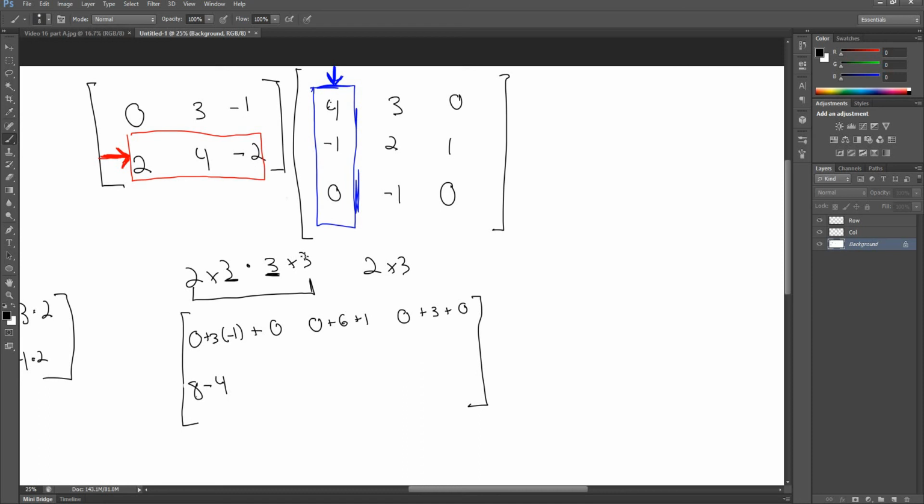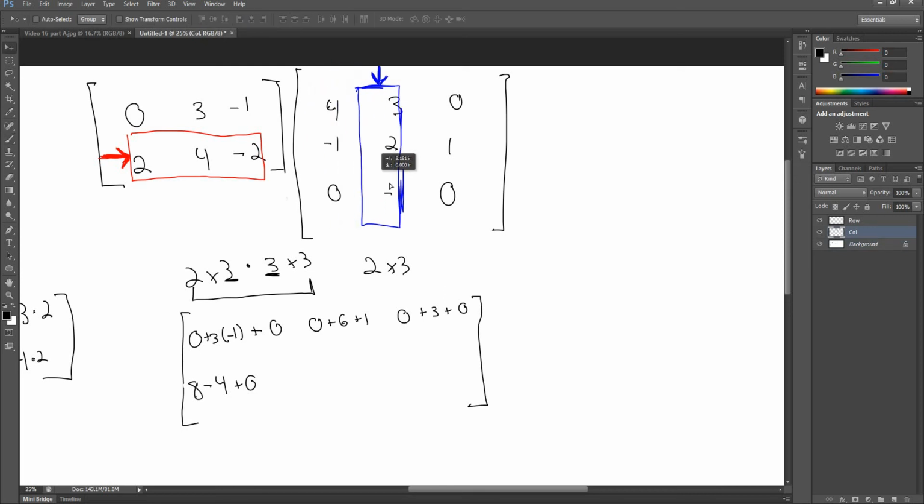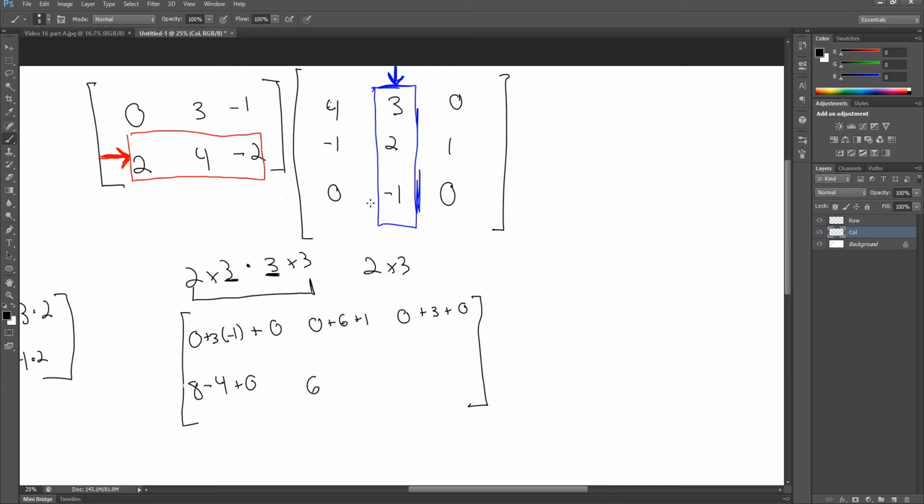And then -2 times 0 is just plus 0. We can switch my column over. I'm going to have 2 times 3 is 6, plus 4 times 2 is 8, plus -2 times -1, so that's going to be plus 2.